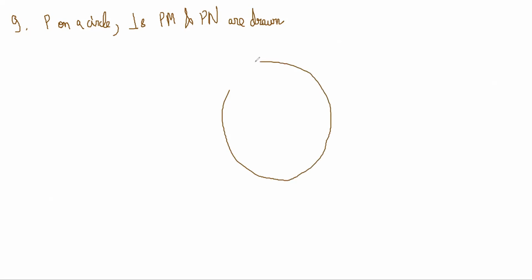There is a circle. One radius is like this, one radius is like this. From a point P on the circle, perpendiculars PM and PN are drawn. Find the locus of the middle point of MN.